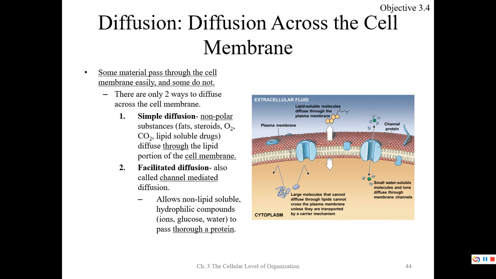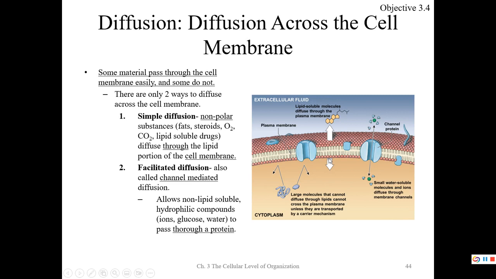Facilitated diffusion, on the other hand, is going through a channel where a protein facilitates the movement. So right here we have a steroid, four fused rings. This is the structure of cholesterol. This cholesterol simply goes through the phospholipid bilayer because it is hydrophobic.